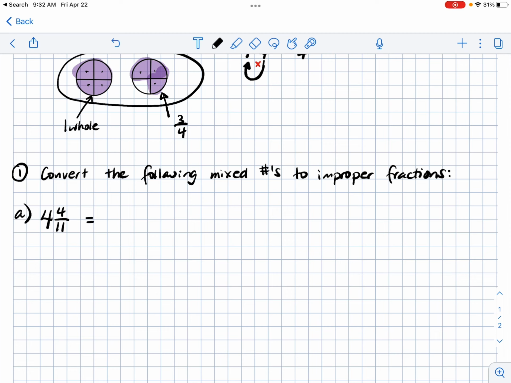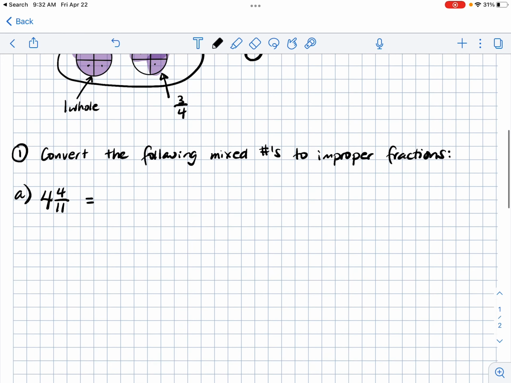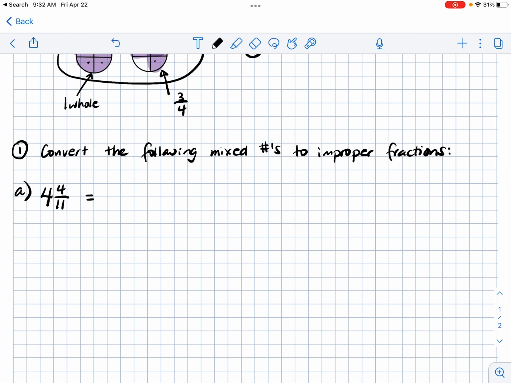What would that equal as an improper fraction? I do encourage you to pause the video to figure this out before I go for the answers. And another one is, how about 8 and 7/8? Again, pause the video and figure this out yourselves.